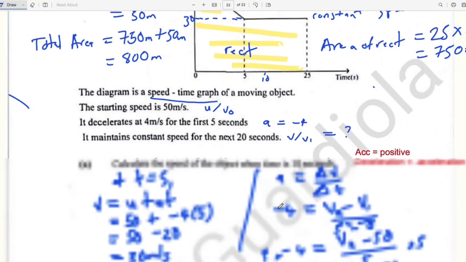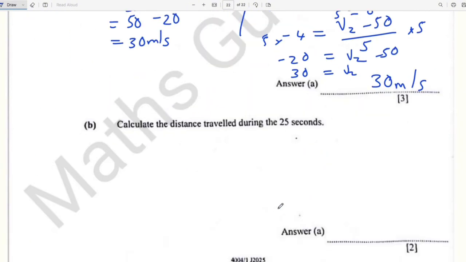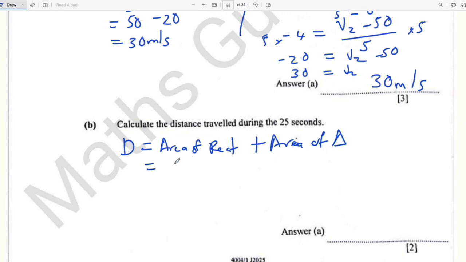So the distance moved is the area under the graph, which is found by calculating the areas of the different shapes there. So to put it in writing, distance equals to area of rectangle plus area of triangle. Then area of rectangle, its length times width, which is 750, which is equals to 25 times 30, and then area of triangle is equals to 20 times 5 divided by 2.